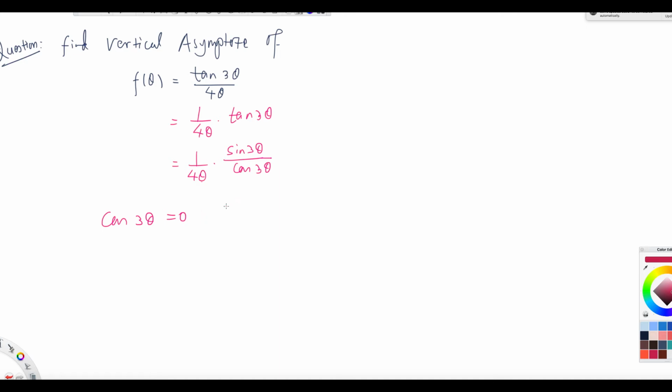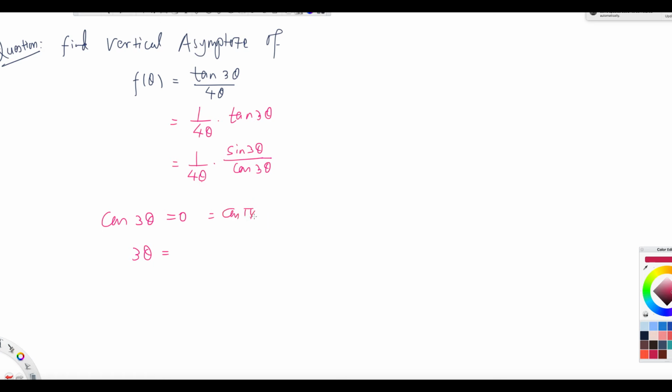So what are the values of cosine that give you 0? That is, we can write cosine 3 theta equals 0. Also, what angles have cosine equal to 0?